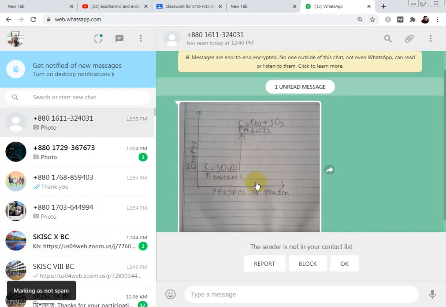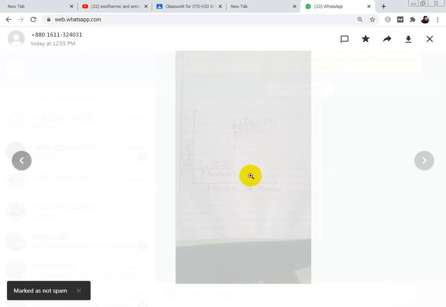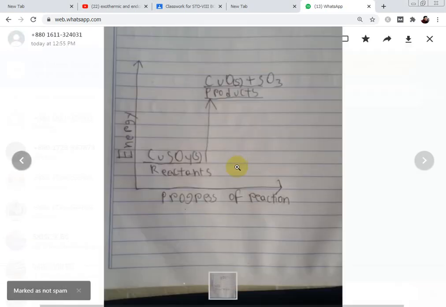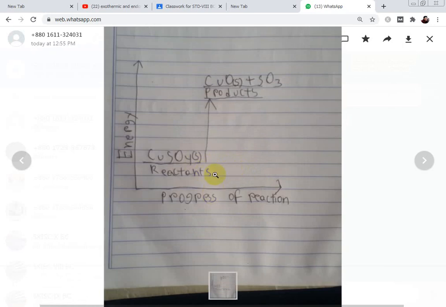This one is correct: energy, progress of reaction, copper sulfate as reactant and then products. At first you write the reactant on the left hand side and the product on the right hand side, always reactants on the left and then products. This is absolutely correct.